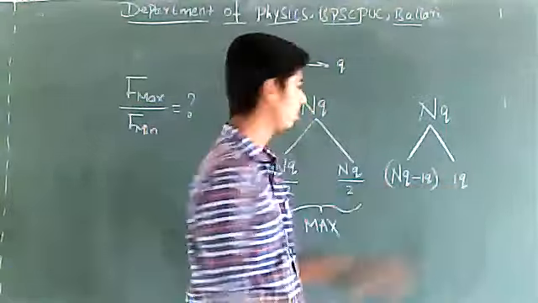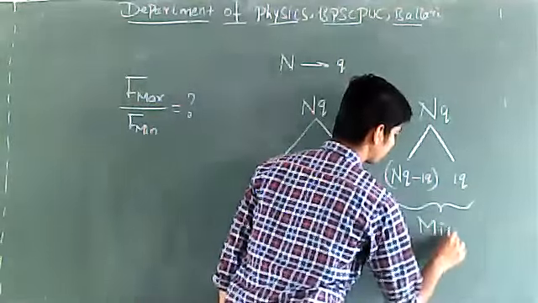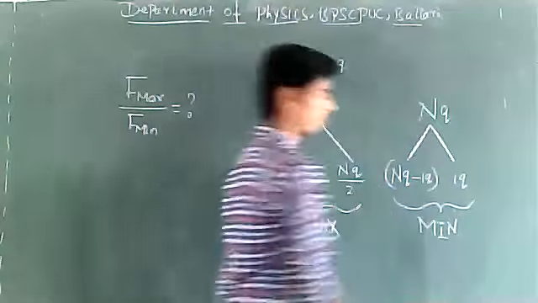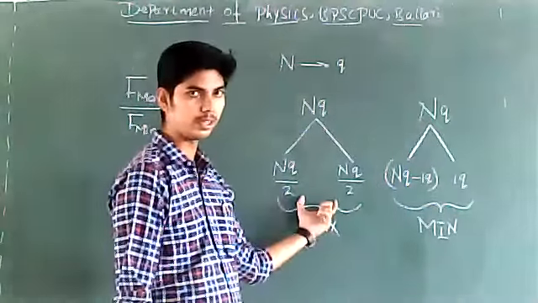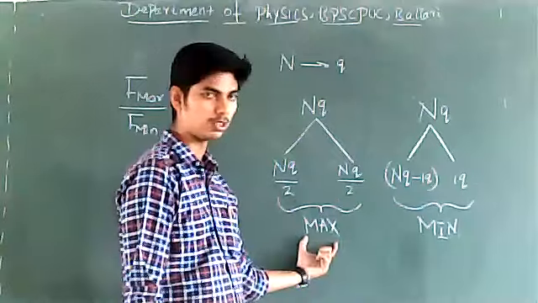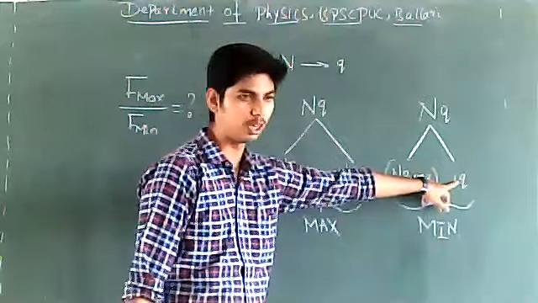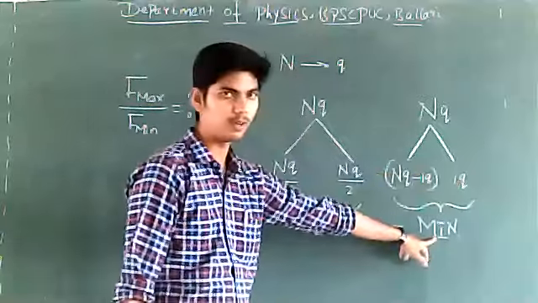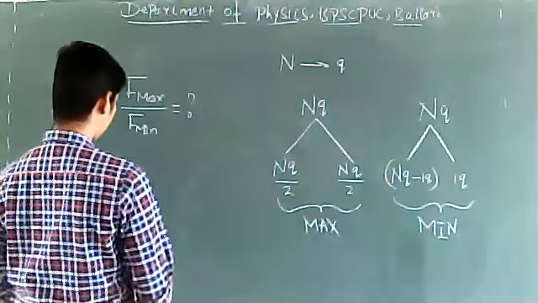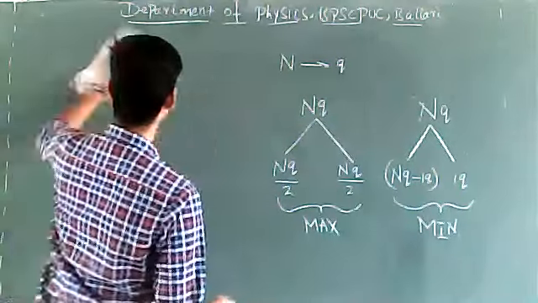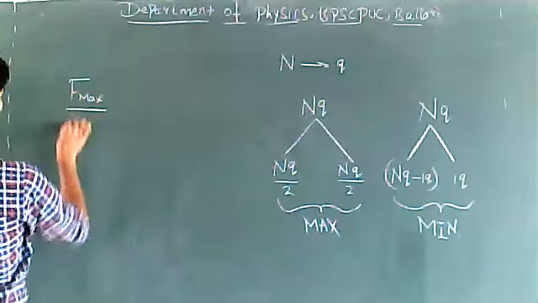Under this condition, the force between the two parts will be minimum. So if you divide the charges equally, the force between them will be maximum, and if they are divided as nq minus 1q and 1q, the force will be minimum. We'll calculate the ratio of maximum to minimum force, F max to F min.